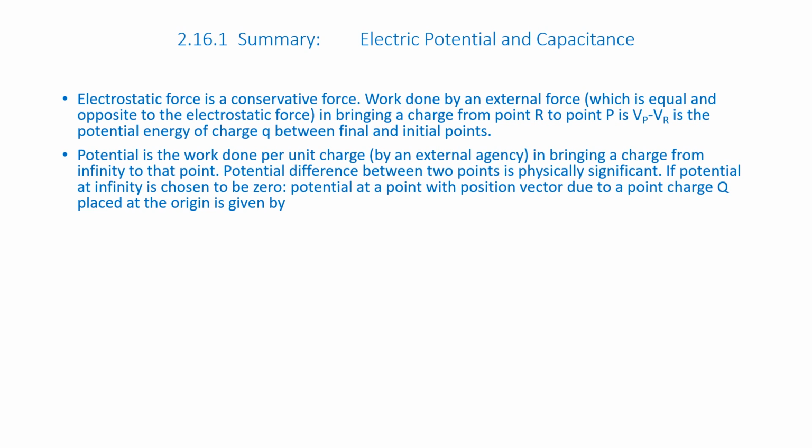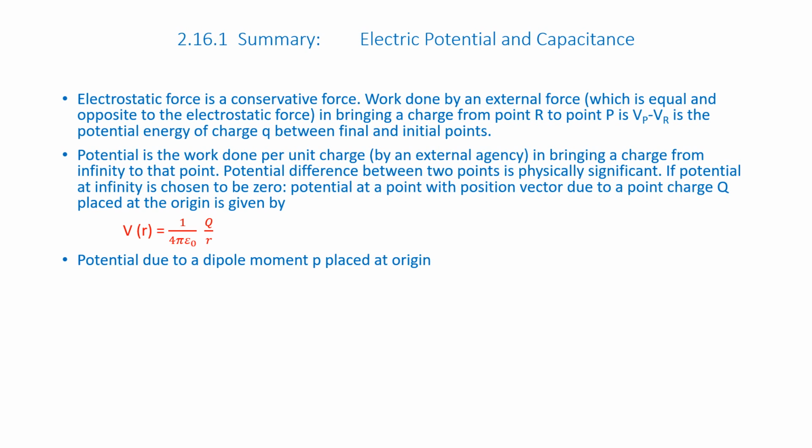If potential at infinity is chosen to be 0, potential at a point with position vector r due to a point charge q placed at origin is given by V equals 1 over 4 pi epsilon naught into q by r.